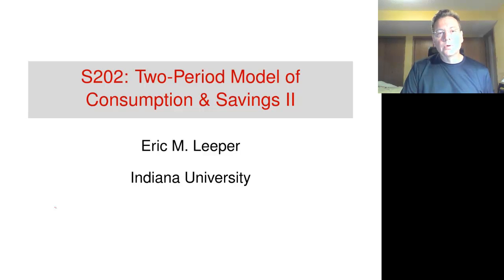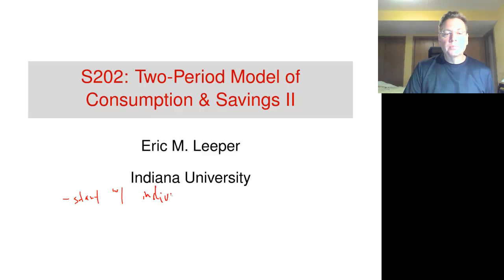As we did before, when we talked about the consumer's choice between consumption and leisure, what we have done is we have started with looking at the individual's problem or the individual's decisions.